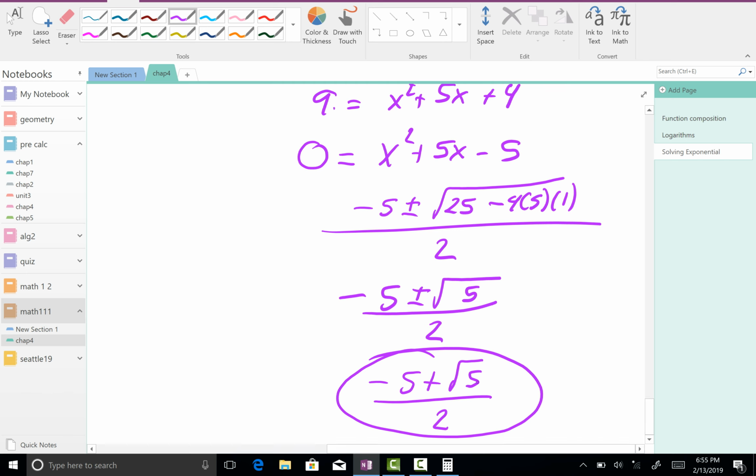So if I went like this, let's see what happens. If we go parentheses -5 plus square root of 5 divided by 2. So it's 1.38 negative. Oh, I see what the problem is. This is a -5. So that makes that a negative, which makes this a 25. Got it.